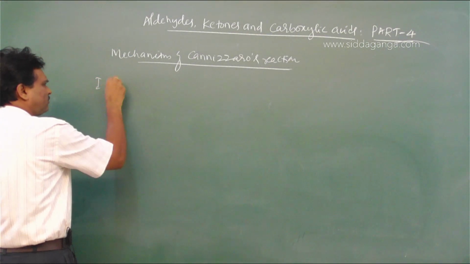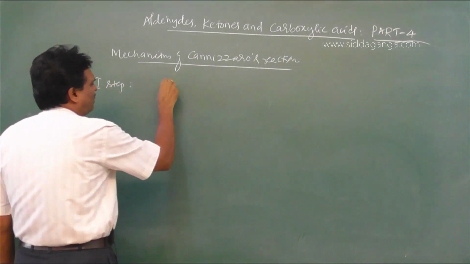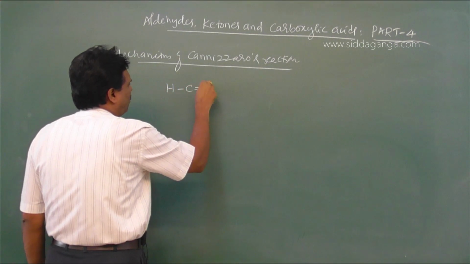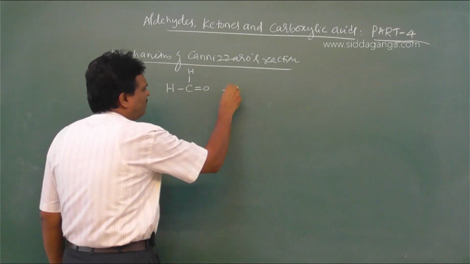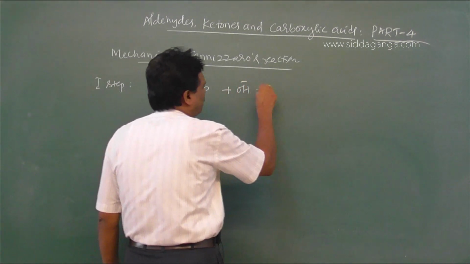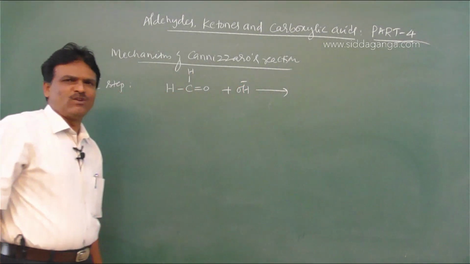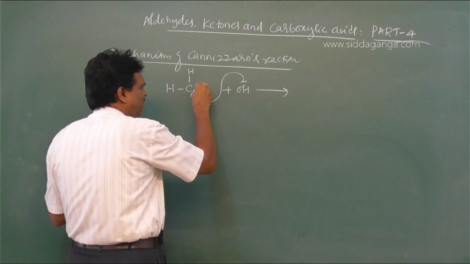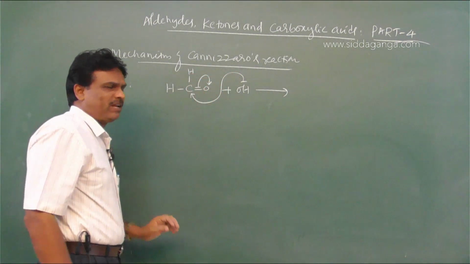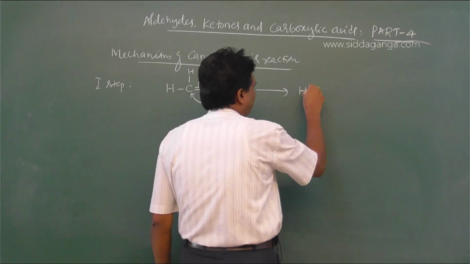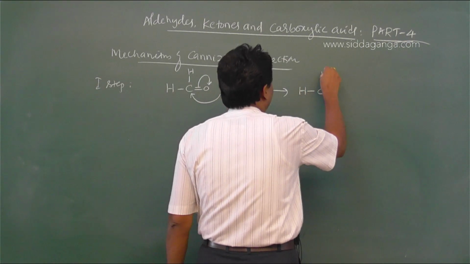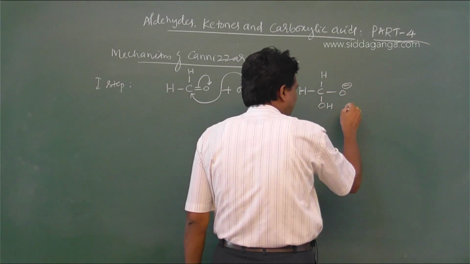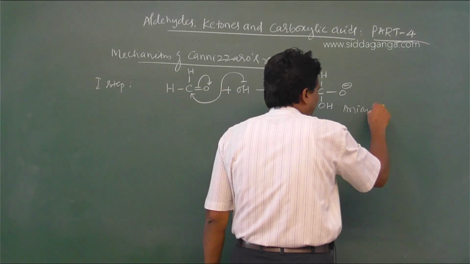First step, say formaldehyde HC double bond O, plus OH minus. So OH minus acts as a nucleophile, which attacks the carbon. At the same time, the oxygen atom gets the bonding electrons to form H-C-OH-O minus. This is the anion intermediate.